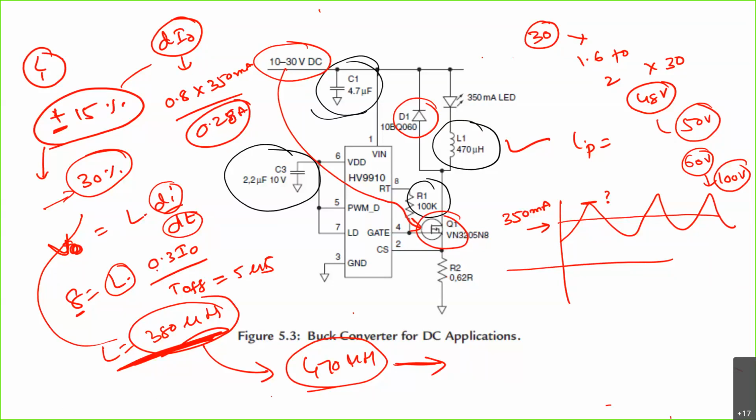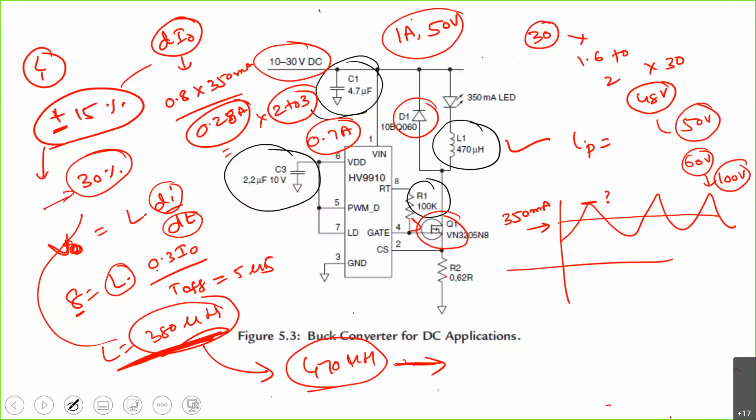You may consider 2 to 3 times the current rating, so roughly around 0.7 or 0.8 amperes. Maybe you can select a 1 ampere 50 volt MOSFET, or a 1 ampere 100 volt MOSFET.